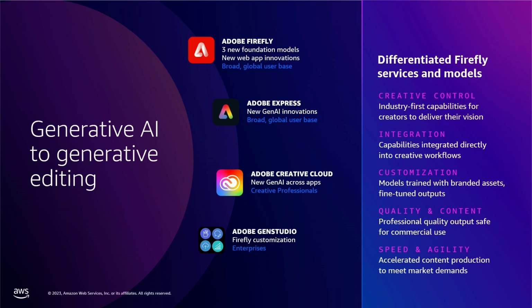Meaning they gave us this strong signal that we need to think really deeply about the data we use to train our models. And this is what helped us create a series of models this year across image generation, vector generation for illustrations, and design generation. I'm going to show you a quick video with some of the capabilities we've launched throughout 2023.